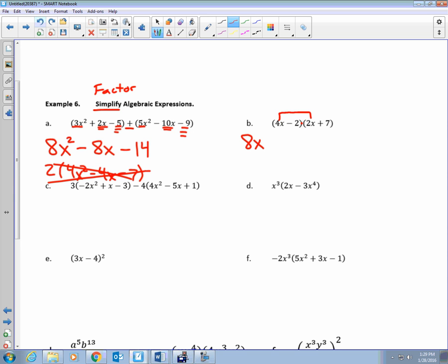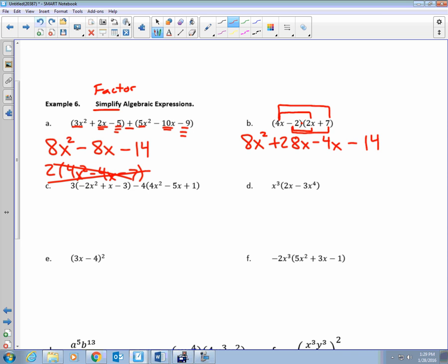Since the exponents are 1 and 1, I get x squared. 4x times 7 is 28x. Now I'll go to the negative 2: negative 2 times 2x is negative 4x, and negative 2 times 7 makes negative 14.